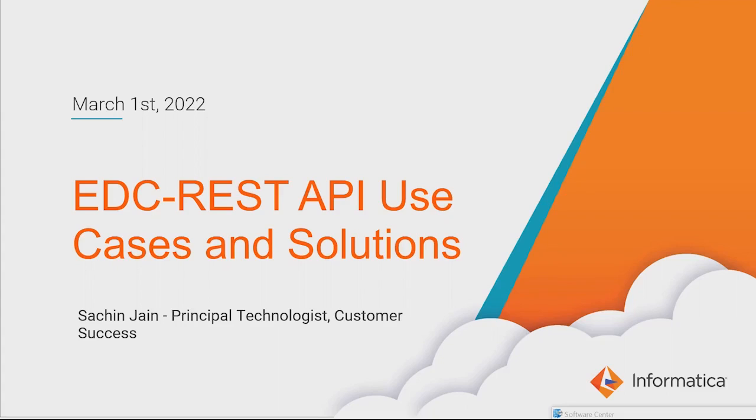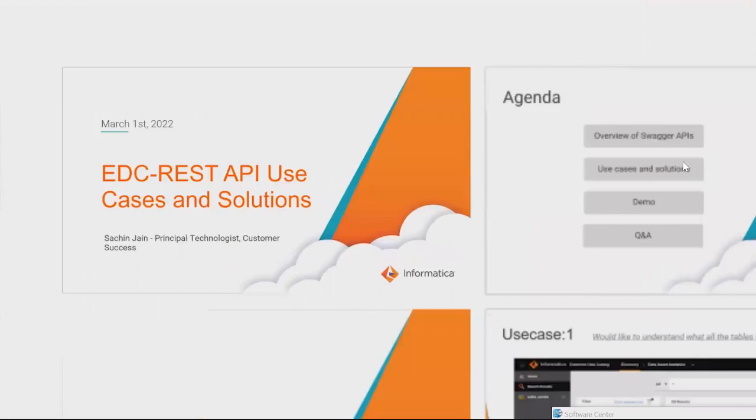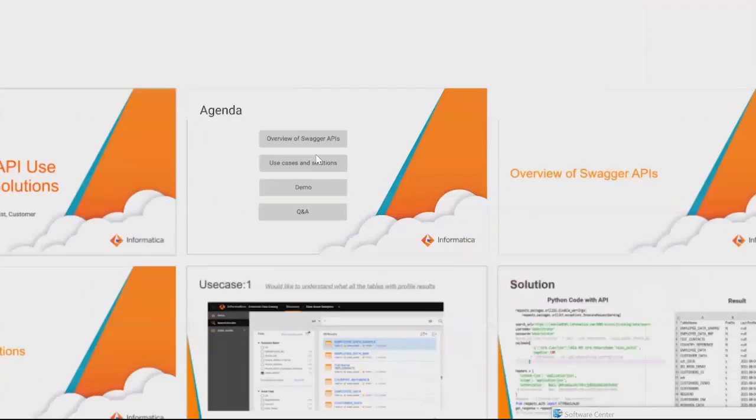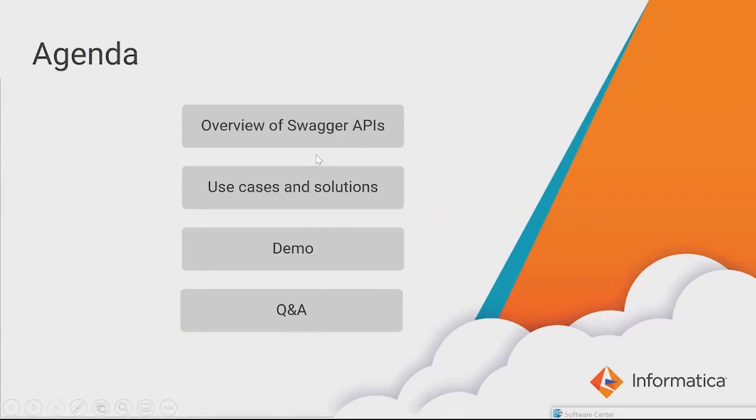Okay, so let's jump into the agenda. It's very simple. We have an overview of Swagger APIs, where I'll showcase all the APIs which are available with the EDC product.